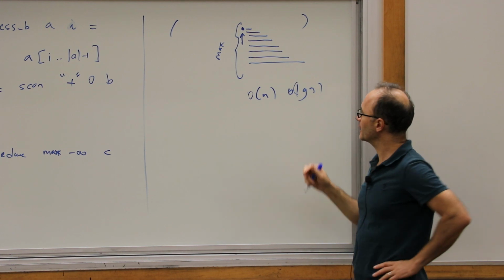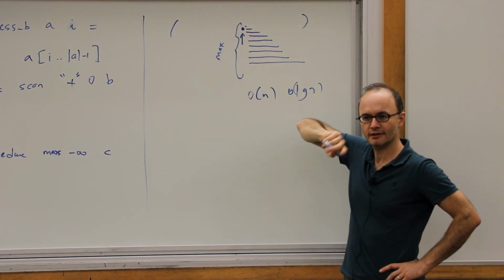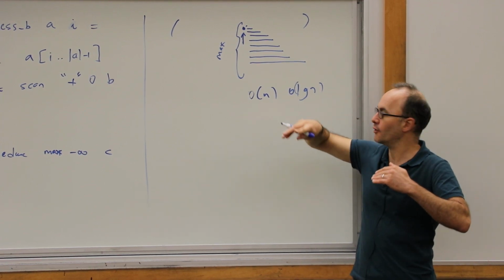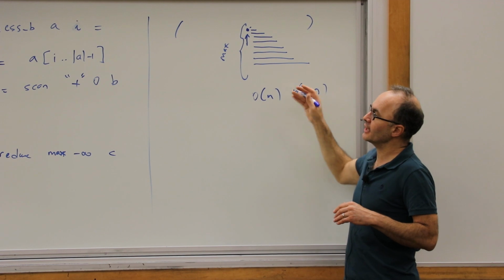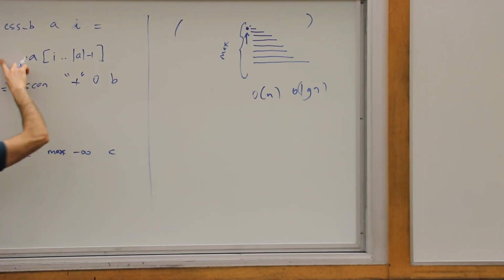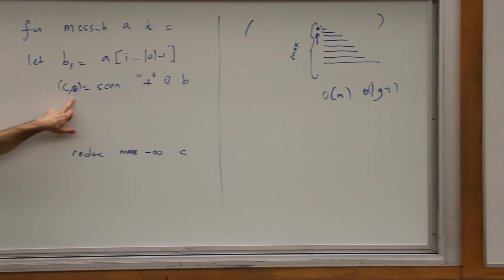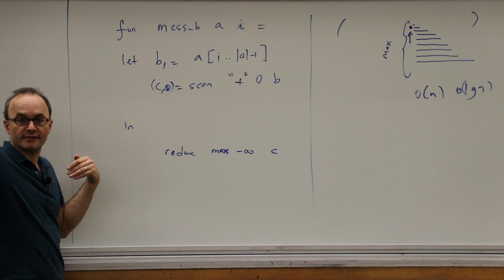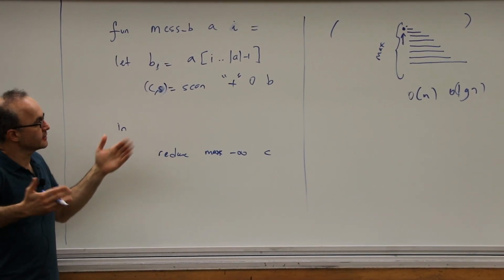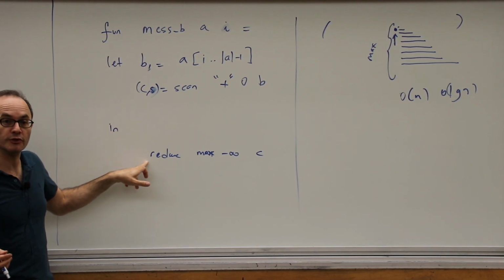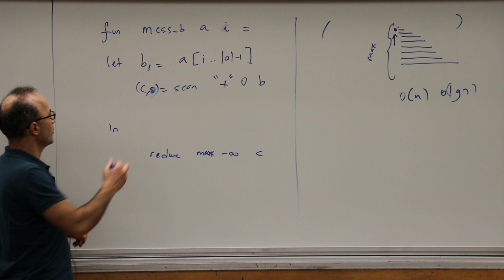Scan is a little bit funny in the sense that it starts with the empty sequence. The first element of the result is the empty sequence. The second element is the singleton sequence, and so on, all the way to n minus 1, and then it returns the total sum as a separate value. Let's call that S. So it returns the total sum, and obviously the whole subsequence could be all of the sequence itself. So when we're doing the reduce, we also want to consider that.